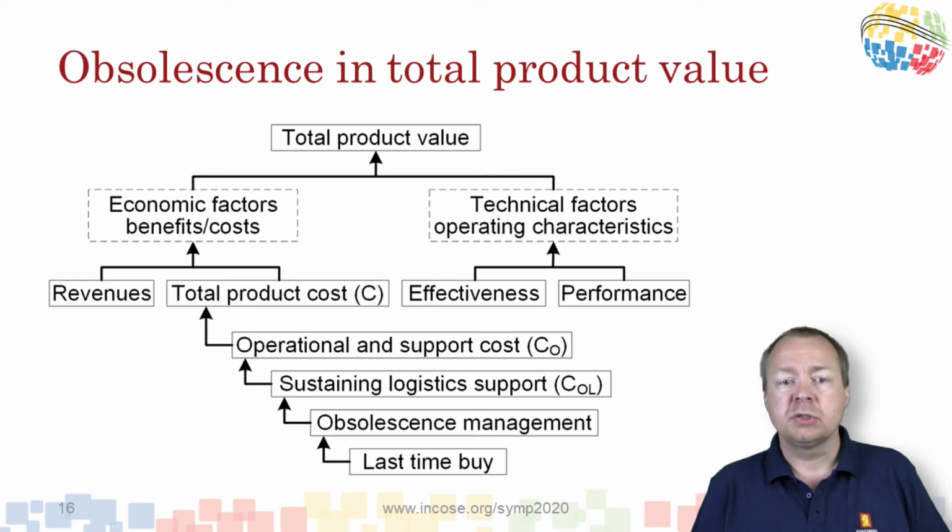To know the cost of obsolescence requires measuring all cost, adding to the total cost of last time buy. This figure places cost of last time buy as a part of product operational and support cost. Due to constraints, this research is limited to last time buy estimation, but the point of this model is that regardless of obsolescence activity, the cost must be traced as a part of operational and support cost.